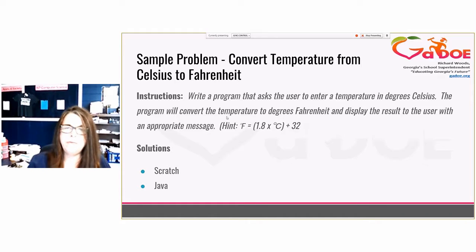And then we even give them the algorithm here, so they don't have to go find it. They're given the correct algorithm. And I've done solutions in Scratch and Java, just for comparison.